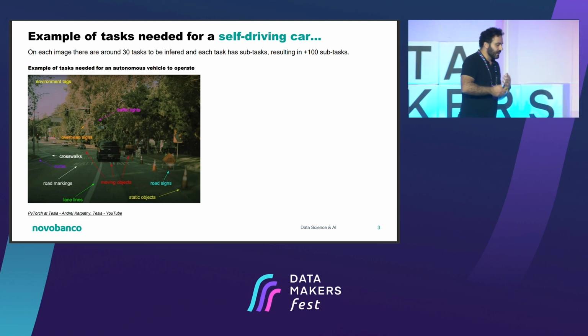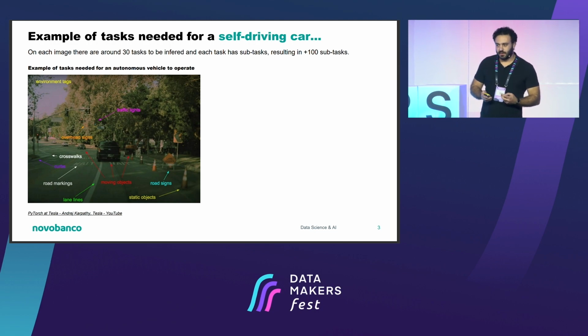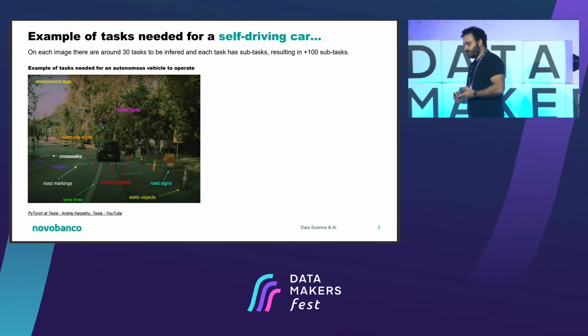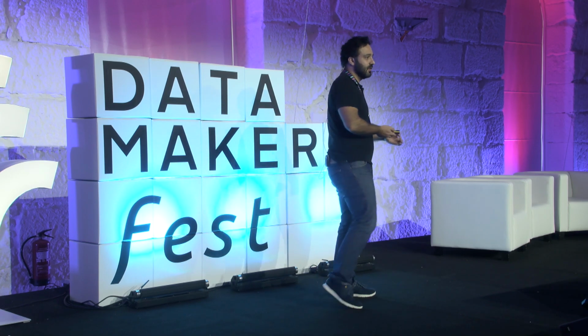Of course, there are several reasons why companies like Tesla use multitask models. I will just tackle two, because I think they are the most important ones. The first one is that all of these inferences are done in the cores available in the vehicle, and inference time is really important. The vehicle cannot wait a lot of time for these inferences. So it's much faster to get an inference from one model that provides several outputs than to get many inferences from many models.